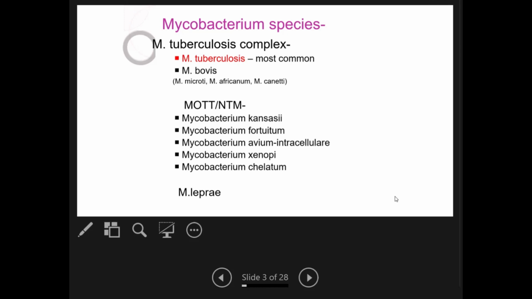So when we want to diagnose them, we have a lot of challenges. The first thing is we need to isolate the organism. After isolating the organism, we need to confirm it as a mycobacterium which can cause tuberculosis, or sometimes we need to give the diagnosis that it is a mycobacterium, but it is not tuberculosis.